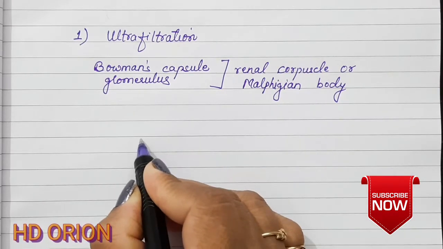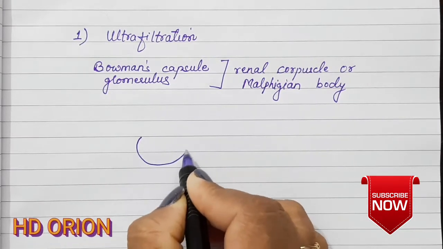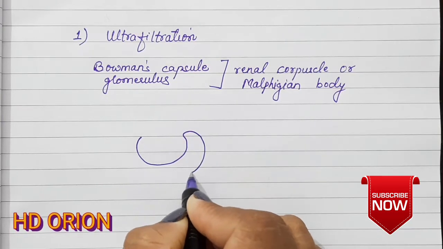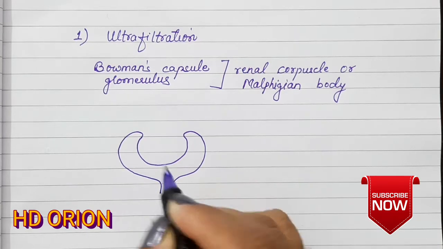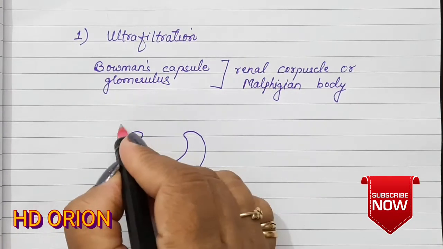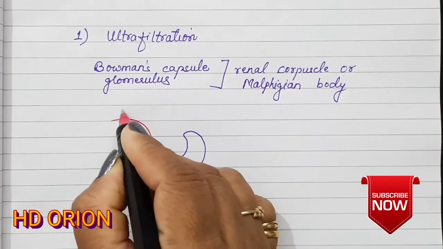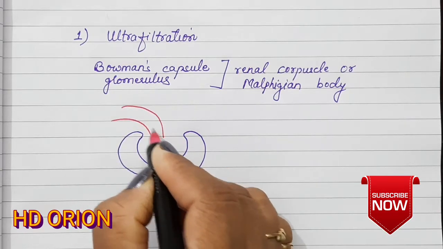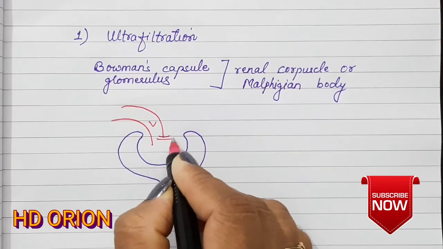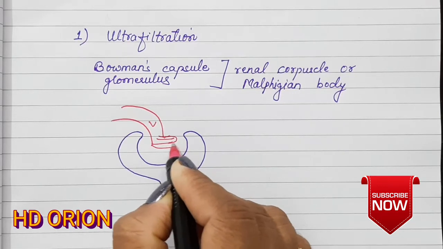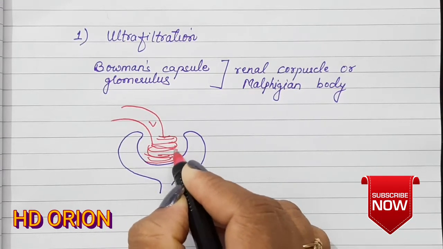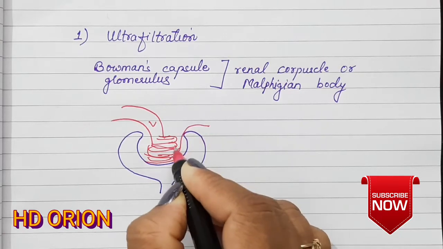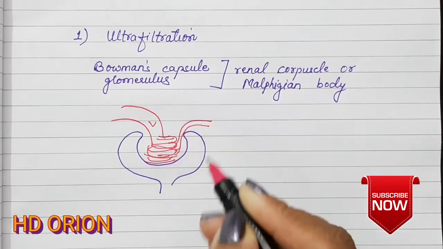Now if this is the Bowman's capsule, the afferent arteriole enters in, bringing the blood, and then this branches up into several capillaries. This forms a network. There are so many capillaries present, and all of these capillaries unite to form the efferent arteriole.